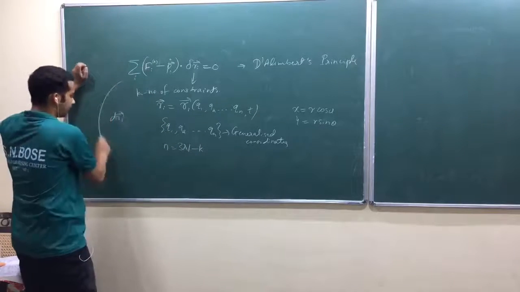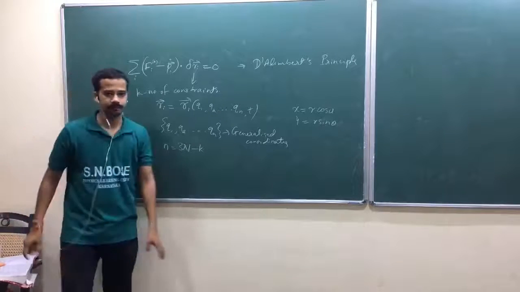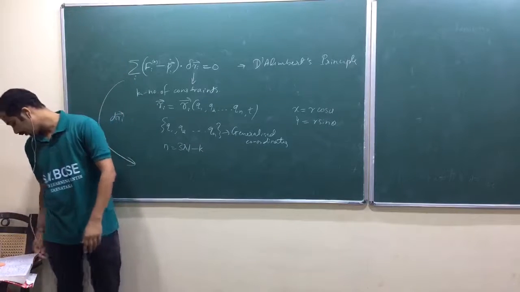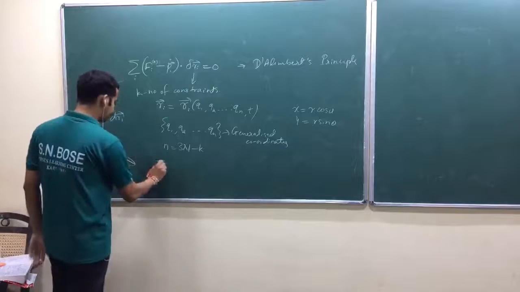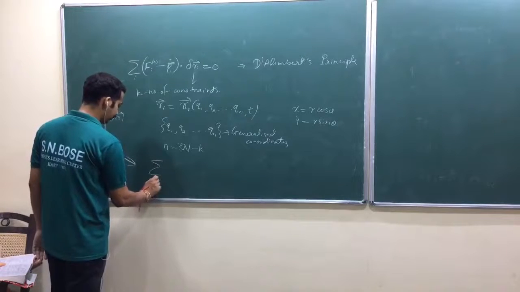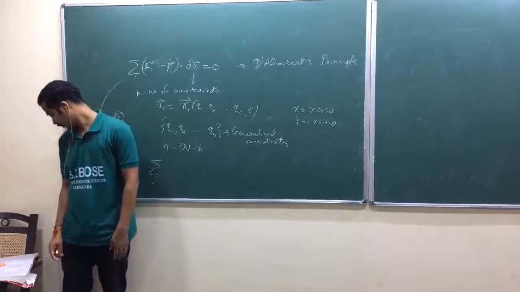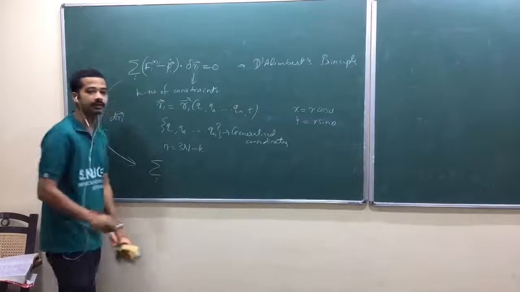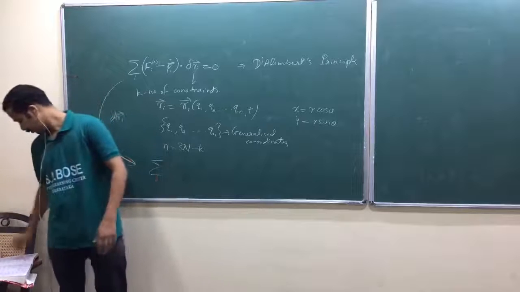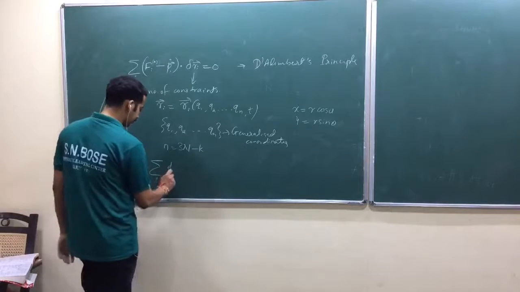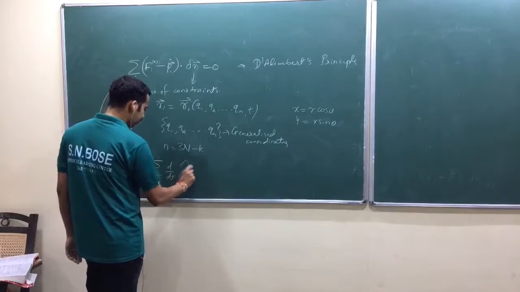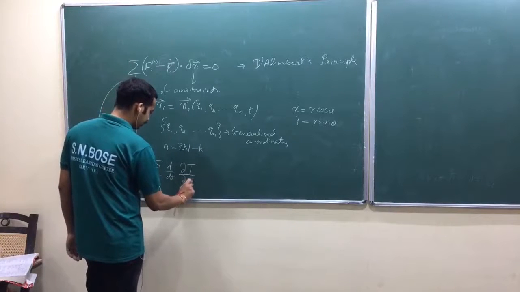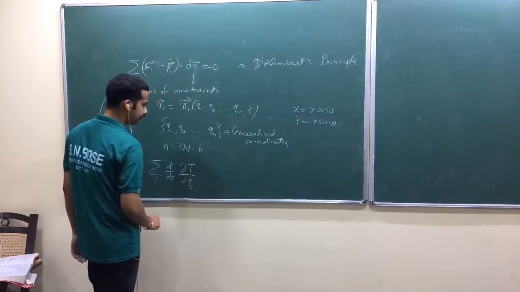This equation can be transformed into this type, okay? This type that can be written like this. Look at here, summation over j, summation over i, because summation over all particles in the system. So d by dt of dou T by dou qj dot.